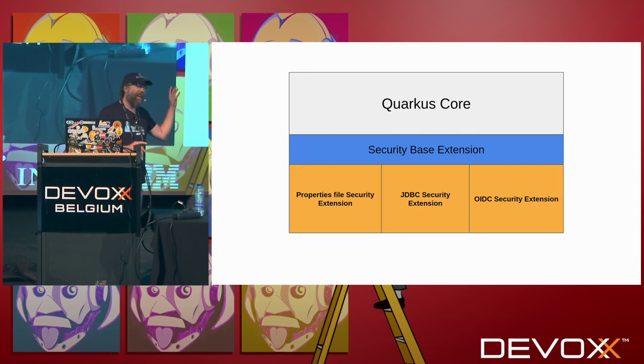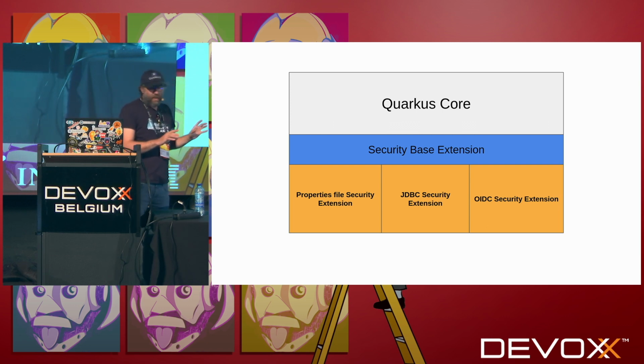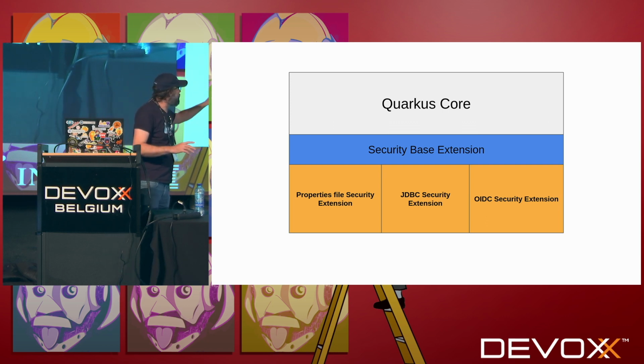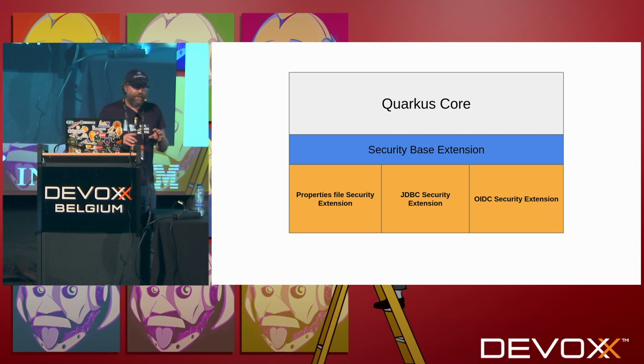I'm not a slide guy, so I've just made some slides to give you the big picture. When you take the Quarkus core, the base, the core developers of Quarkus have created a security base extension, which is the low-level security layer of Quarkus, which mainly does all the under-the-hood plumbing that you don't want to know about, and exposes some public APIs and objects that you can inject in your code.